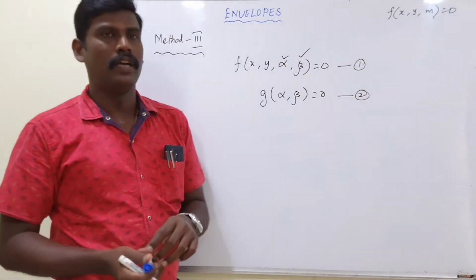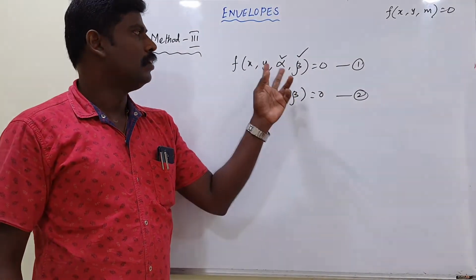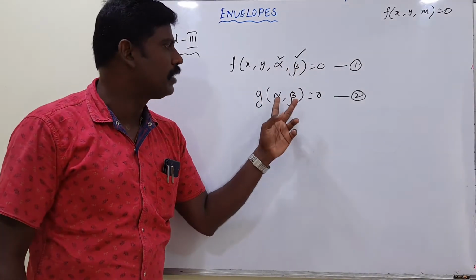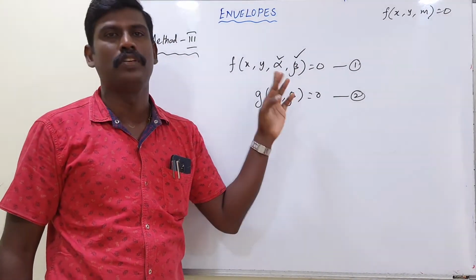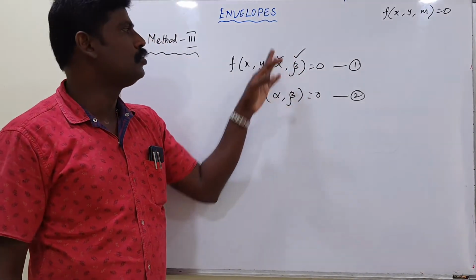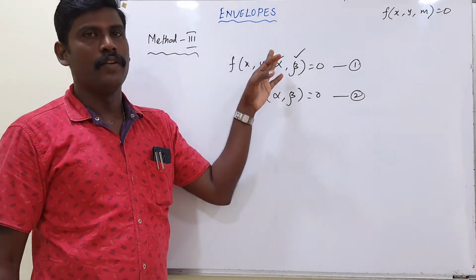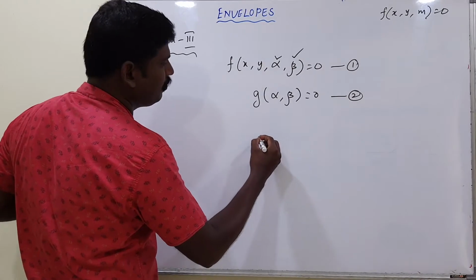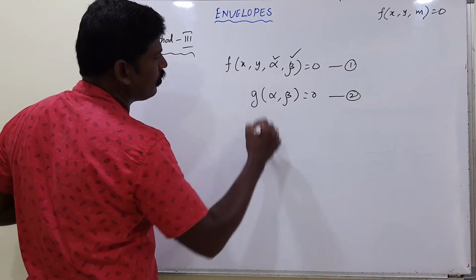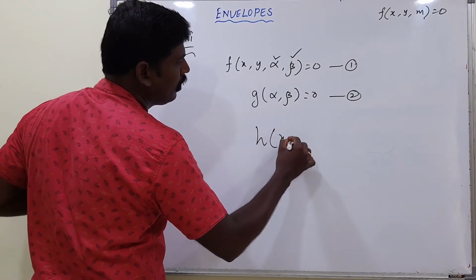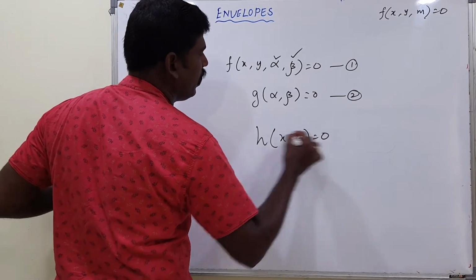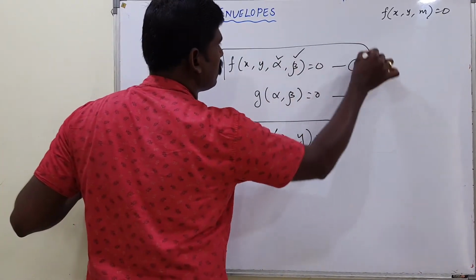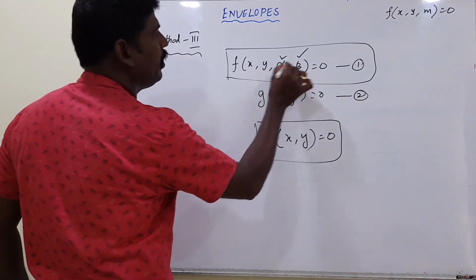So for a given family of curves having two parameters, and the relationship connecting these two parameters also given to you, using these two relationships you can find the envelope of the family of these curves by eliminating alpha and beta.